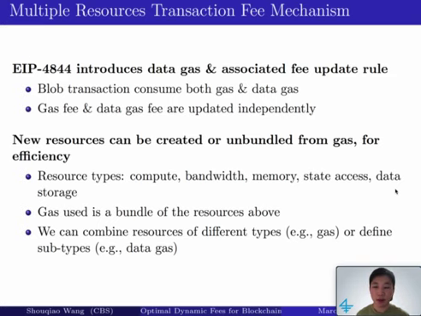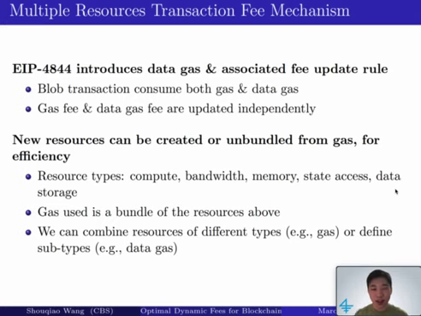So EIP 4844 marks a significant evolution in fee markets by introducing data gas as a second resource. Note that blob transaction will consume both gas and data gas, and the gas fee and data gas fee are updated independently.